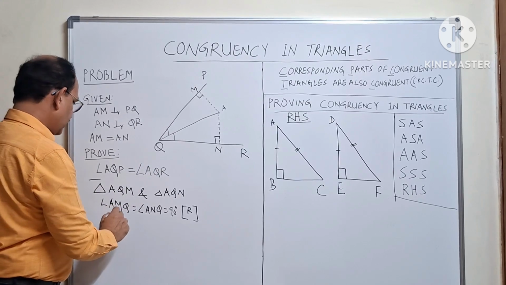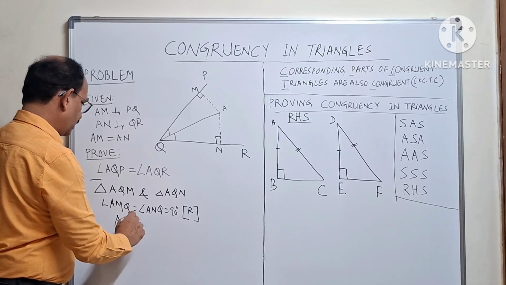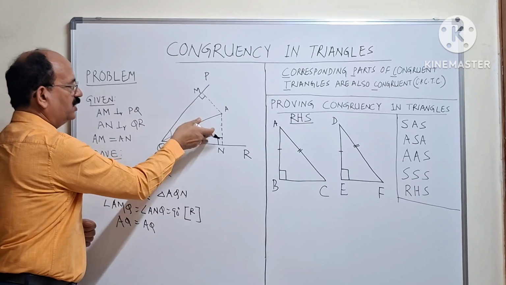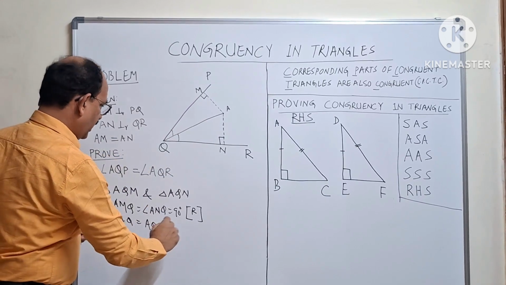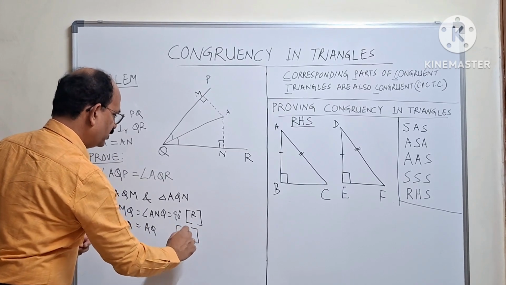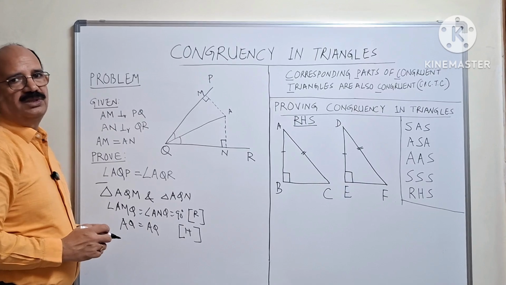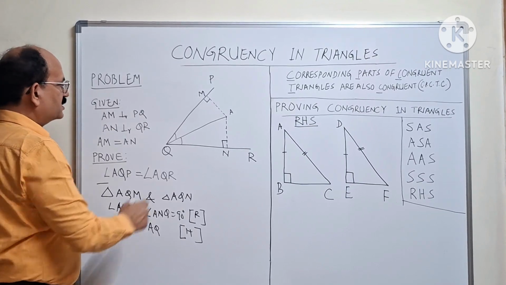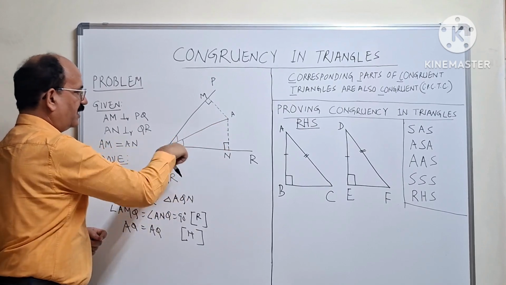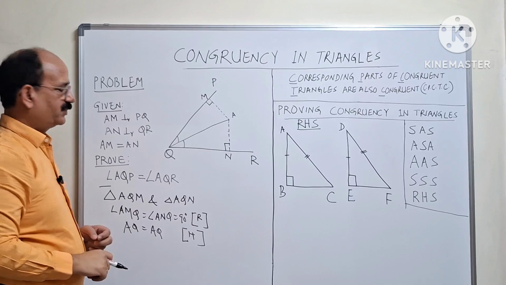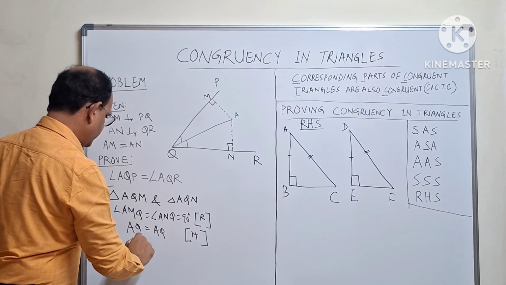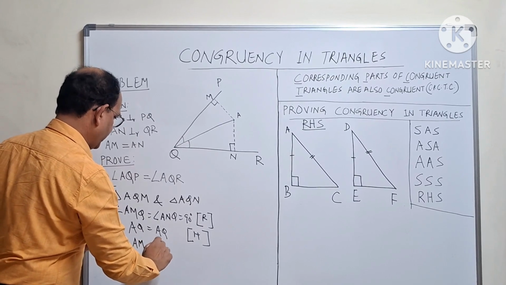Now we also see that AQ is equal to AQ because this AQ is common to both the triangles. And from that, the hypotenuse part is also established because AQ is the hypotenuse of AMQ as well as of ANQ. And also it is given that AM is equal to AN.